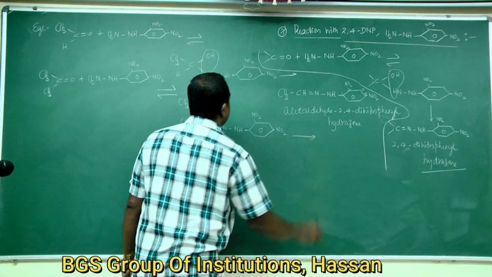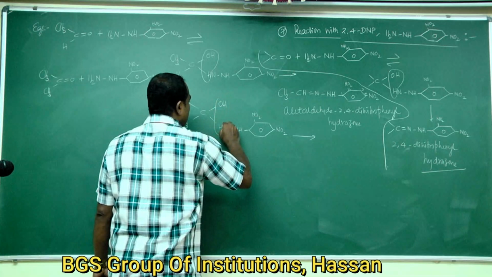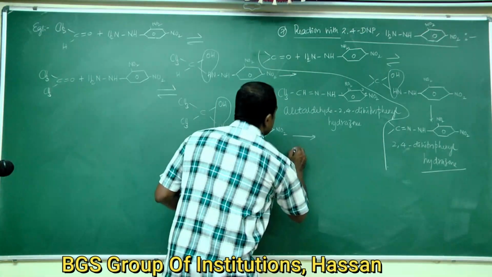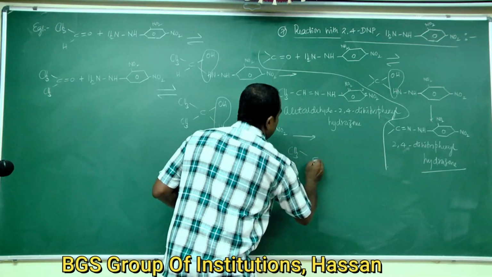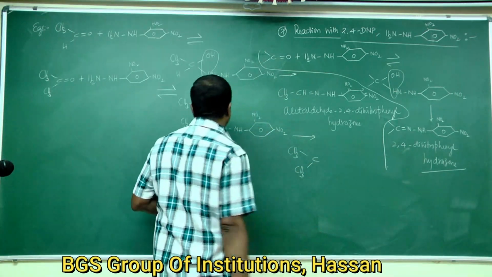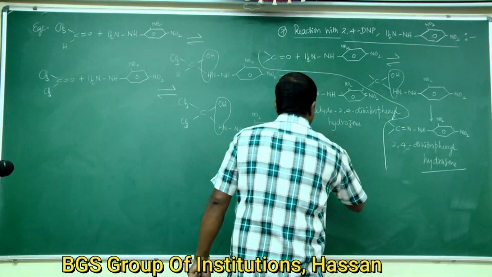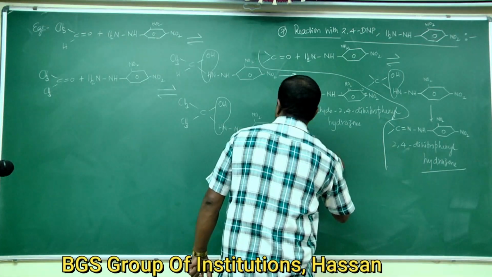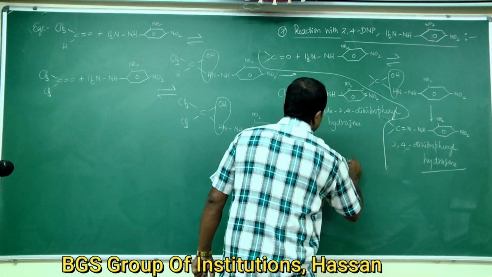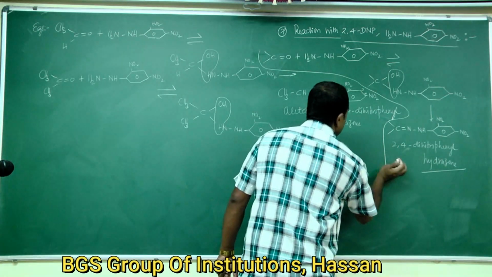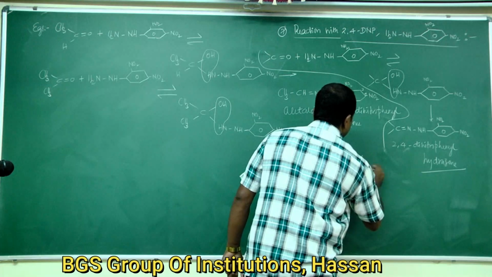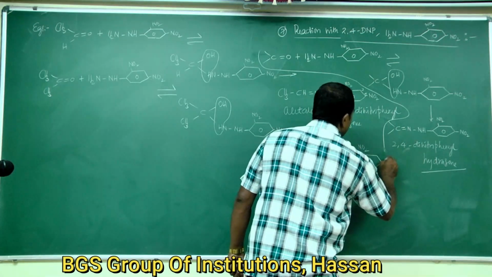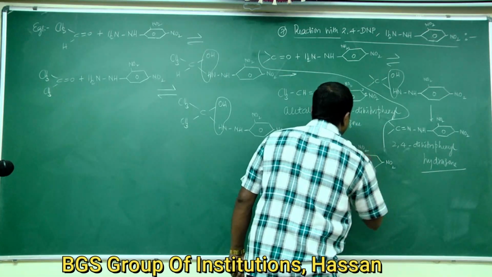So this on dehydration, losing a water molecule, gives the product CH3-C(CH3)=N-NH connected to the benzene ring with nitro groups at the 2,4 positions.